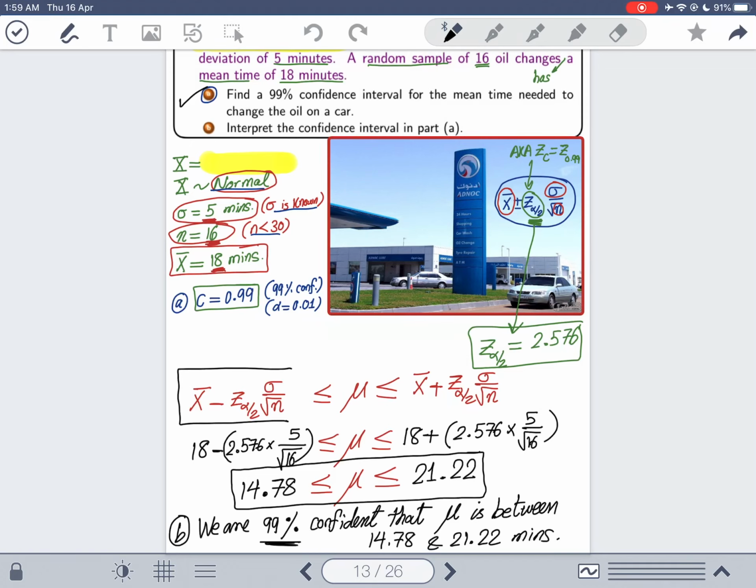This means that if you repeat this experiment 100 times with samples of size 16, each time you take a sample of size 16 and you check the average time it takes on this sample, then 99 of these experiments will have the true mean of the population, or the true average time that is needed for an oil change.